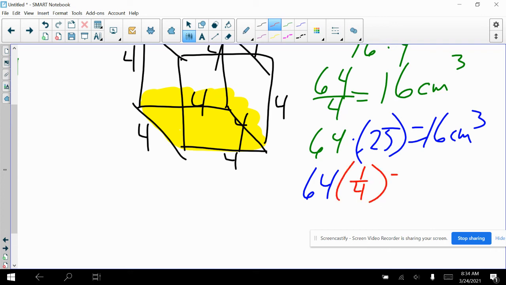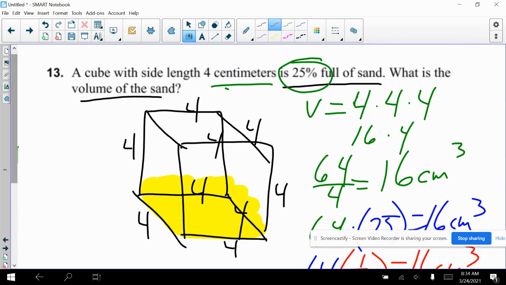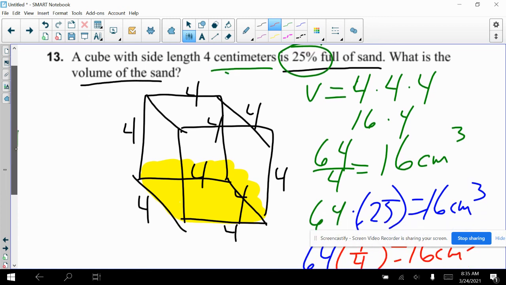That is correct, sir. So you have many options here of doing the same problem. So you have 16 cubic centimeters of sand. That's the volume of the sand in that cube. Okay? So far, so good.